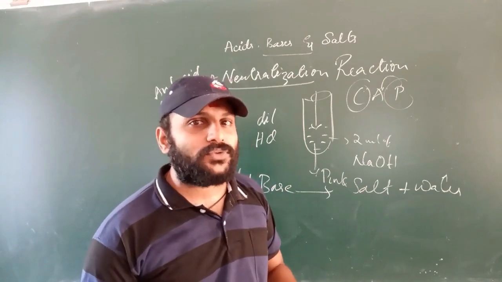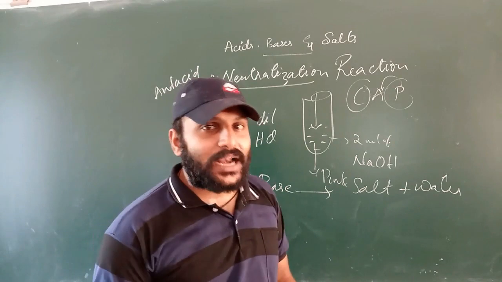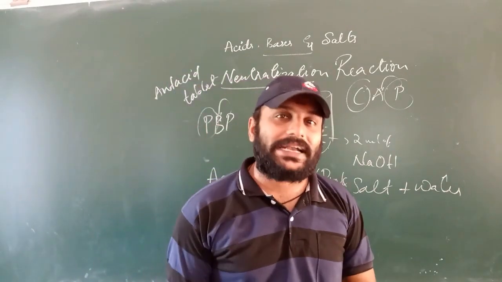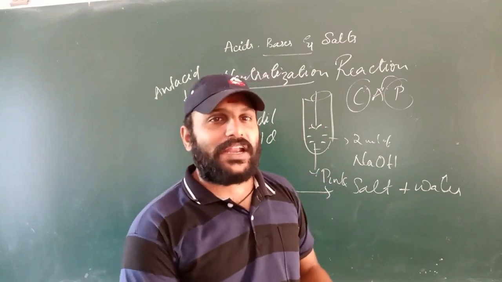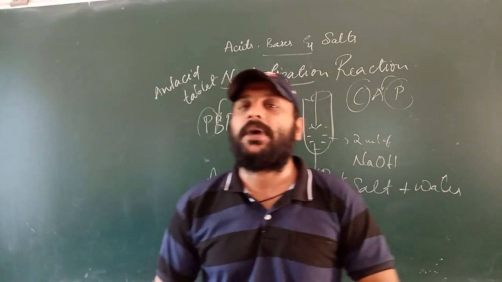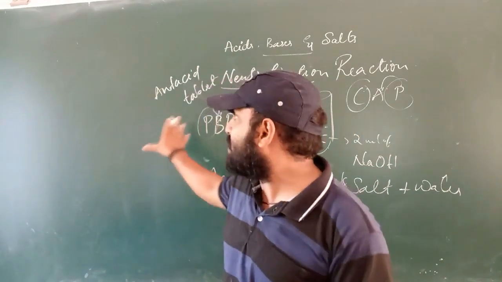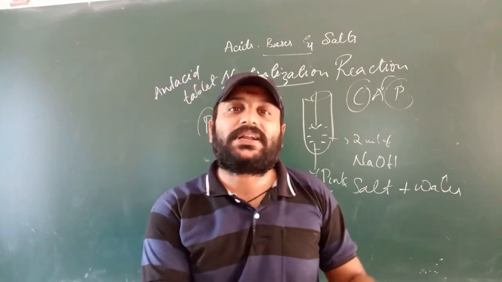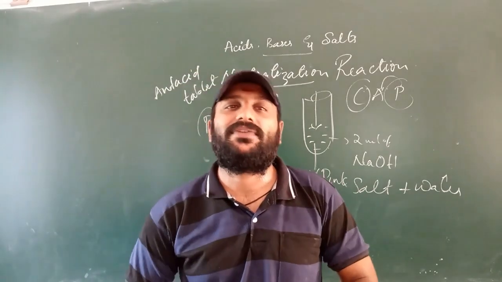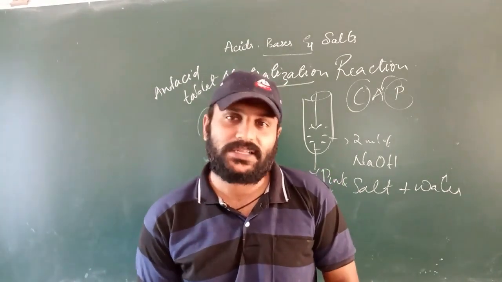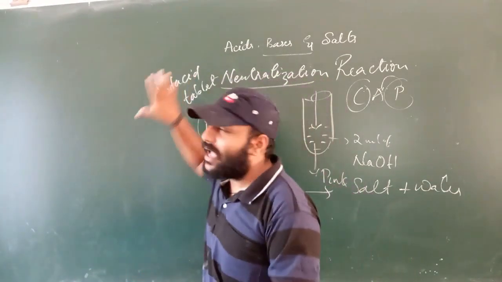Acid is formed, so we want to neutralize it. So we take one antacid tablet. It is a base. It will neutralize the acid. Whatever acid is present inside the stomach reacts with the base present in the antacid tablet. Here a neutralization reaction takes place, and we will not feel any pain inside the stomach after we take an antacid tablet.